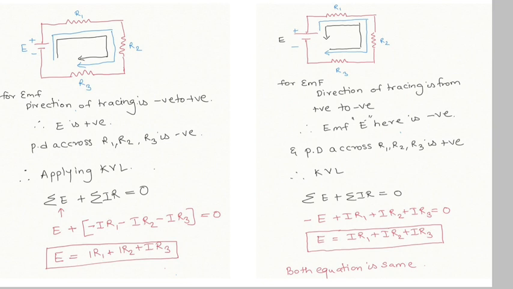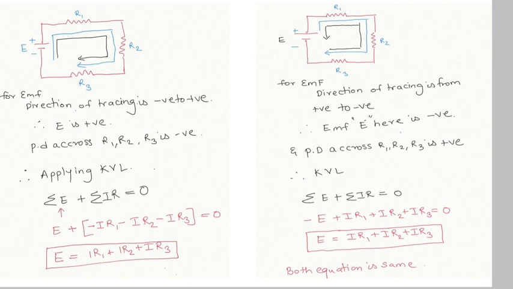Now, putting both those signs and conventions into a question. In a certain example, EMF is there and resistors are also there, both connected, and now we are going to decide what the equation of KVL, Kirchhoff's voltage law, will be. In the first diagram I have considered that both directions are the same, and in the second example I have shown the tracing direction opposite to the direction of current flow.